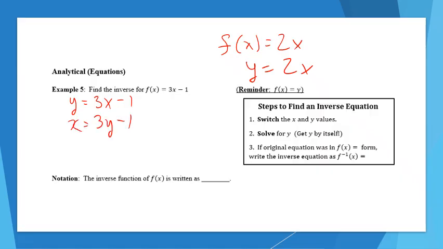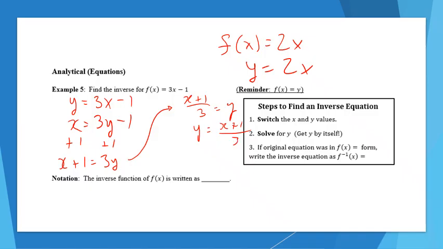And then to find the inverse, solve for y. So here we're going to add 1 to both sides to get x plus 1 equals 3y, and then divide both sides by 3 to get x plus 1 over 3 equals y. And then I'm going to switch just the sides of the equation just to keep it nice.